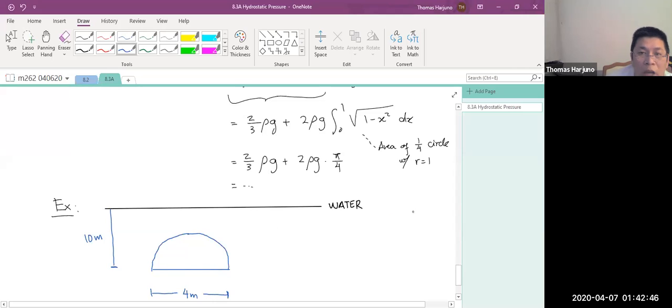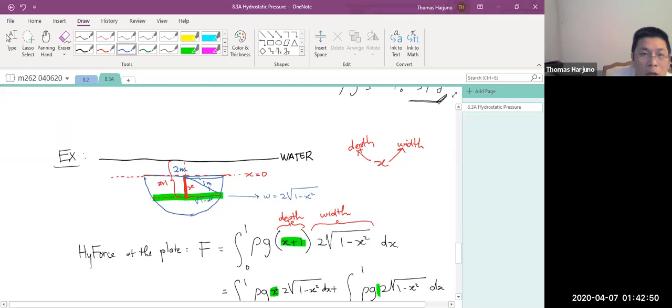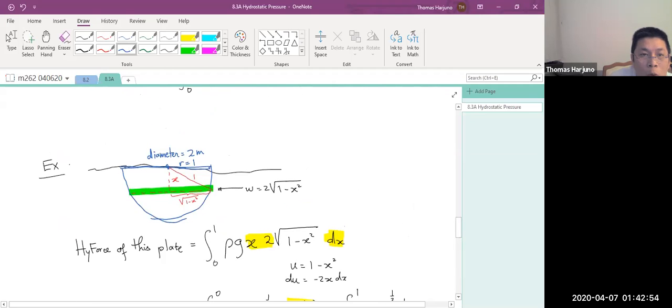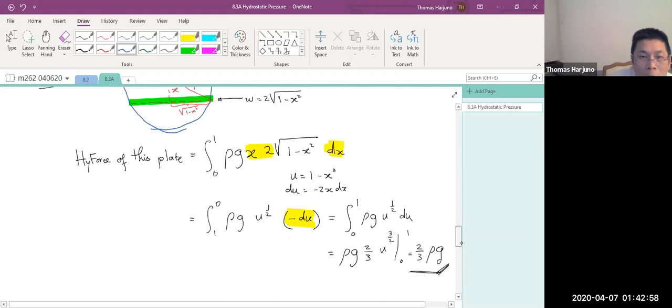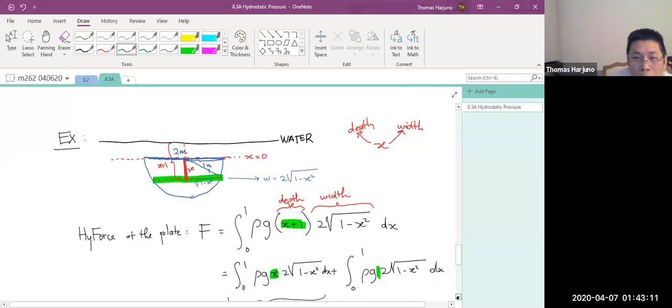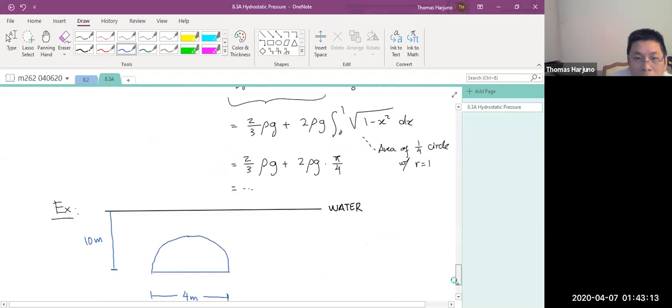Now, what we had before, we always did the reference line starting from the surface of the water. Now you see in our last examples, that's not the case. Our reference points start from this diameter here.